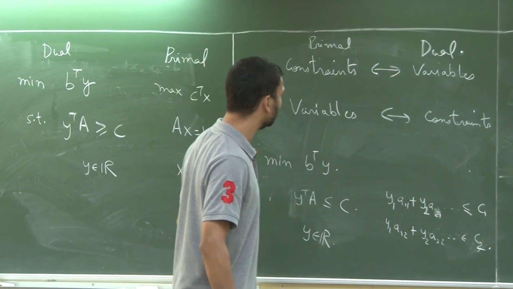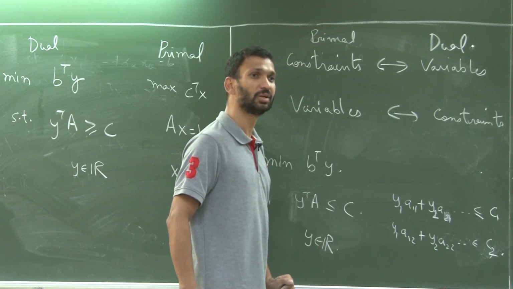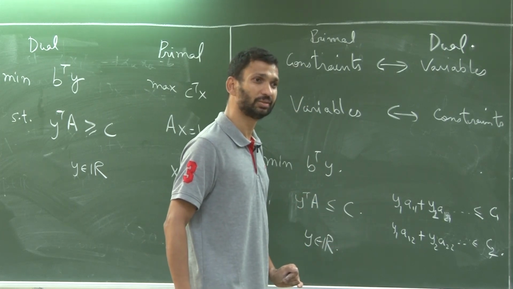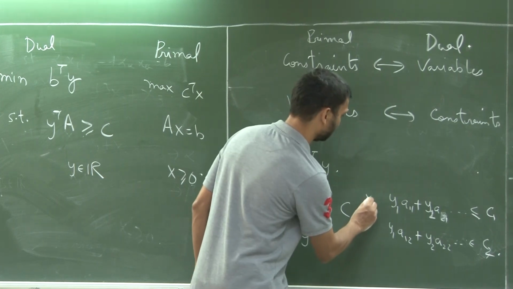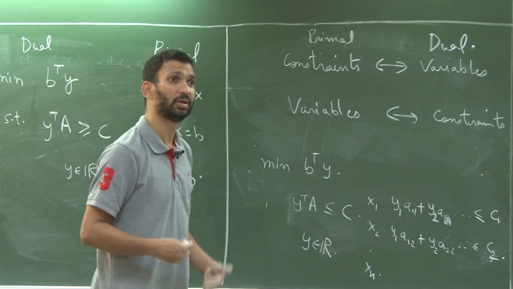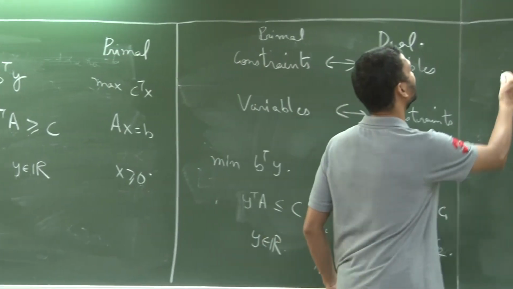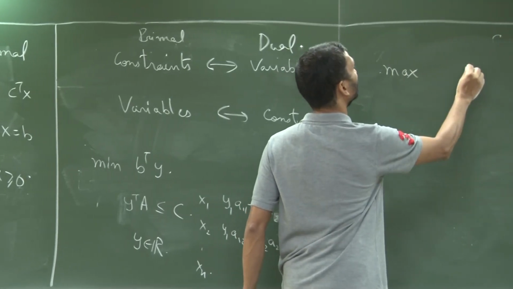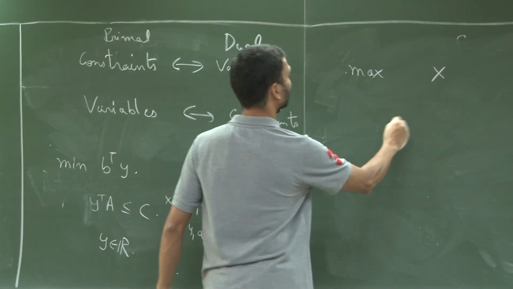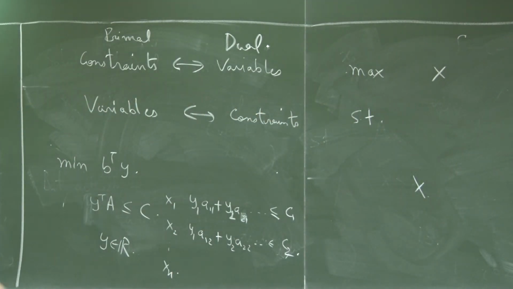Now, if I want to take the dual of this, how many variables do I need? Because there were m equations, right? So I want to maximize something which is going to be a function of x, such that, and then conditions on x.